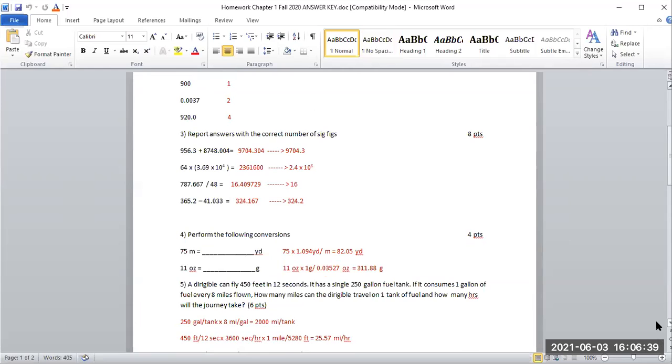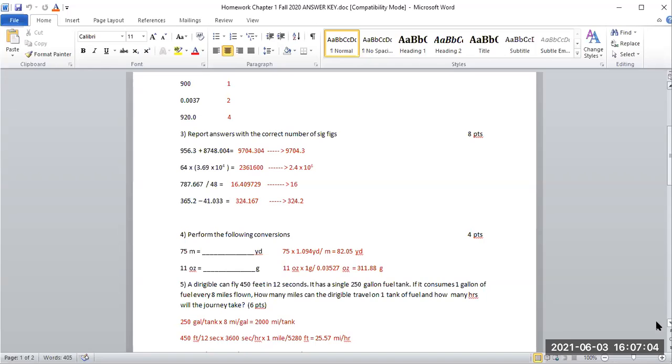For the second problem, multiply 64 times the exponent base number of 3.69 times 10 to the 4th. Your calculator will give you 2,361,600. You are only allowed to report your answer to 2 sig figs.